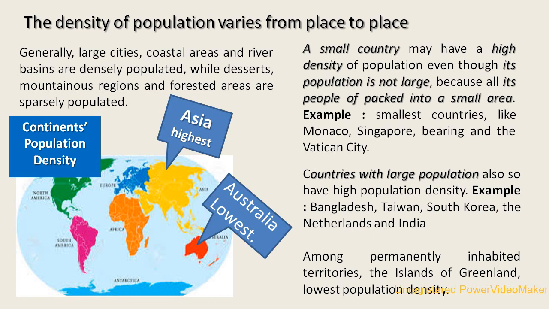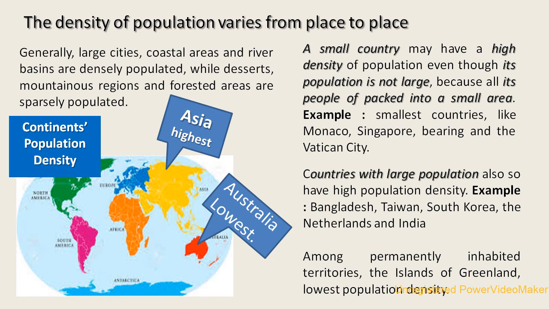But some areas are plain land. There is nothing, no buildings, no houses, and no people are living in those areas. Generally, large cities, coastal areas and river basins are densely populated, while deserts, mountain regions and forest areas are sparsely populated.